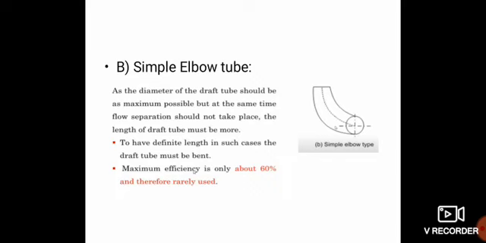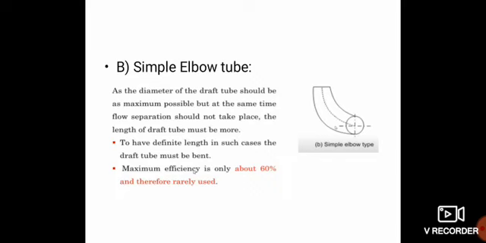Next, the second type of draft tube is the simple elbow tube. This is the simple elbow tube, like our hand bending at 90 degrees, just like water comes from the outlet of the casing and goes through 90 degrees. The diameter of the draft tube should be as large as possible, but at the same time flow separation should not take place.